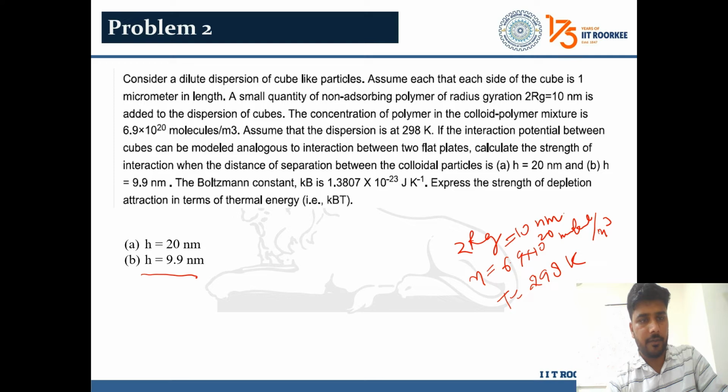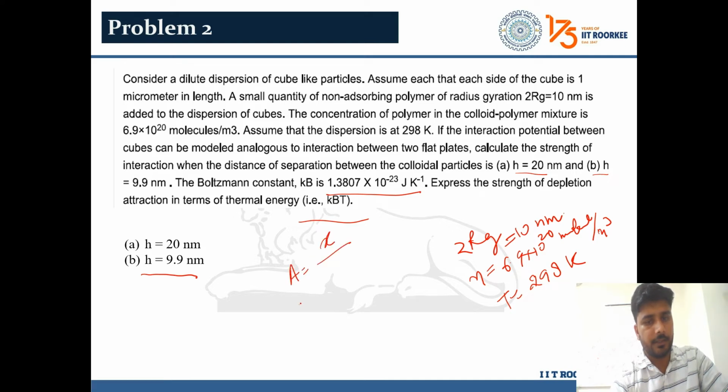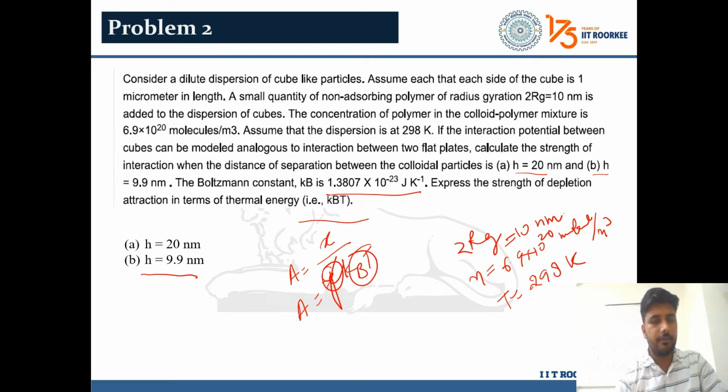So calculate the strength of interaction for the different separation distances given. Based on that, you have to calculate the strength of interaction. The Boltzmann constant value is given here, and you have to calculate the answer in terms of thermal energy. That means if you are getting something, it should be y kBT, in terms of thermal energy.